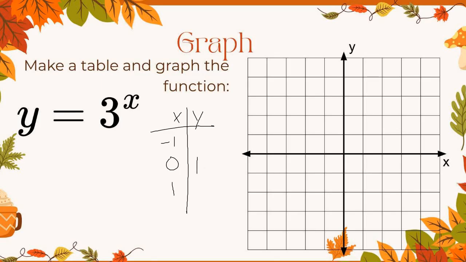When I plug in 1, I'm just going to get whatever my base is. So in this case, that's 3. Are we all with me there? Then we have to decide, what does a negative do in our exponent? It flips it. So we're going to get a 1/3.